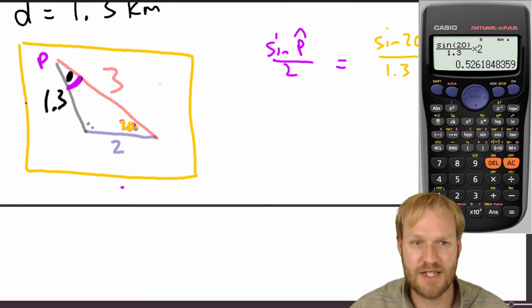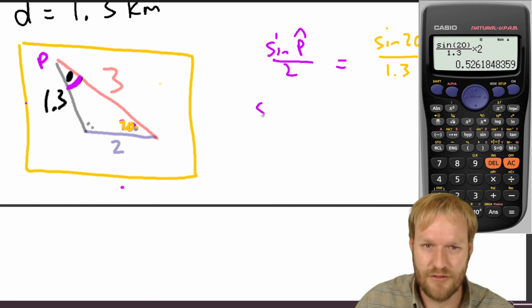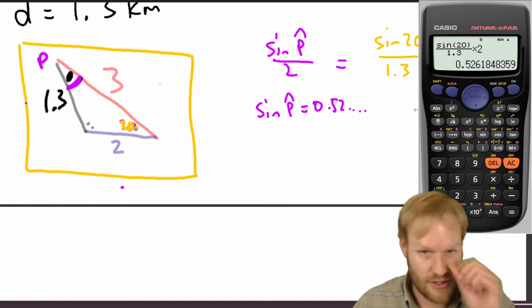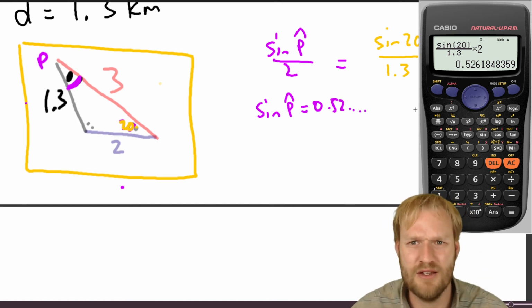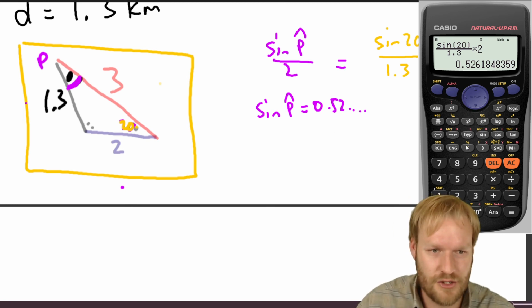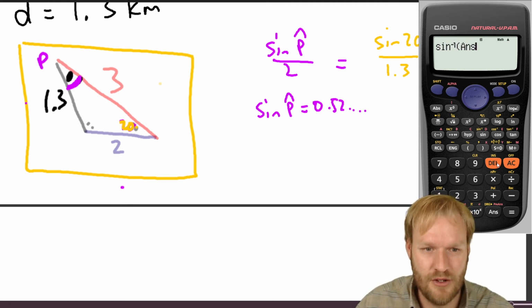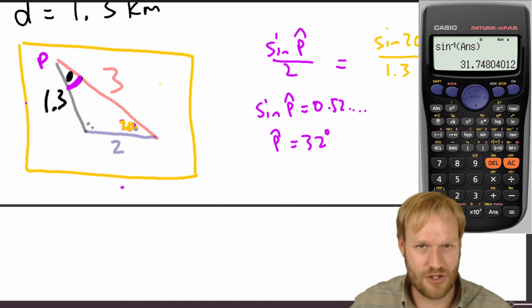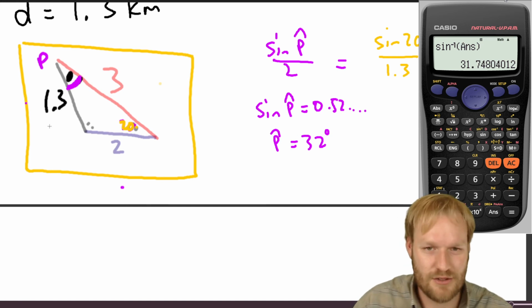So if sine P equals 0.52, etc., how are we going to work out what P is? Well, we'll go shift sine of that, and we get 31.7. I'm going to go P equals 32 degrees. Closest degree is definitely going to be close enough. So that's 32 degrees.